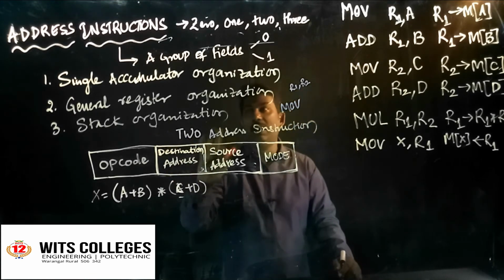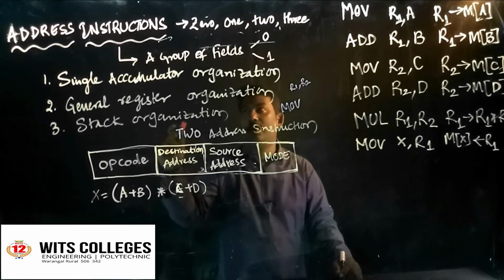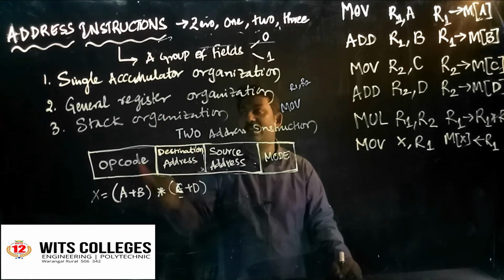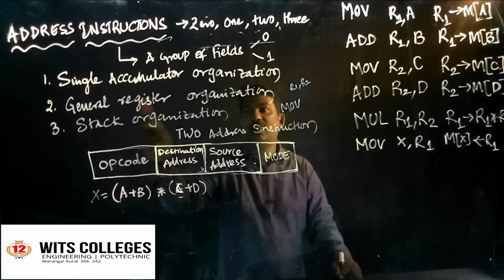There are 3 methods of using the address instructions: stack organization, general register organization, and single accumulator organization.